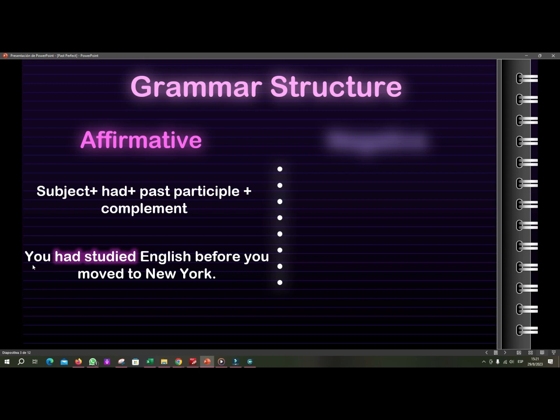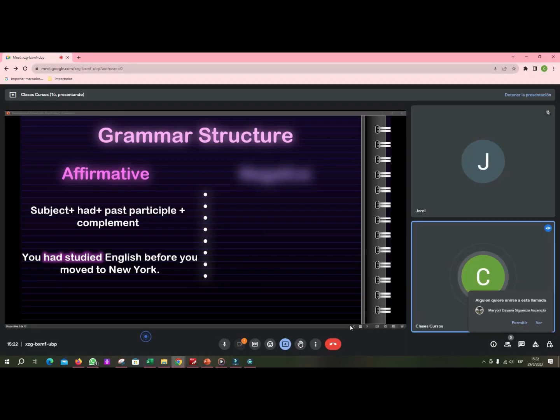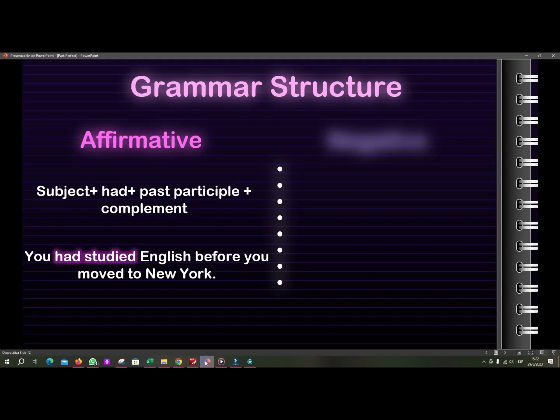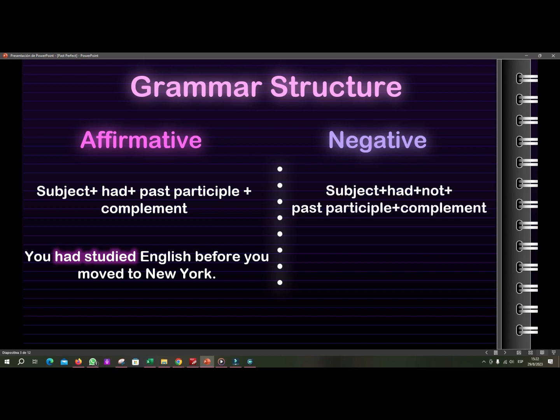So you had studied English before you moved to New York. If you notice here, you have the subject, then the auxiliary, had in past, and also the main verb in past participle, right? Also we have the negative form: subject plus had plus not plus past participle and also the complement.